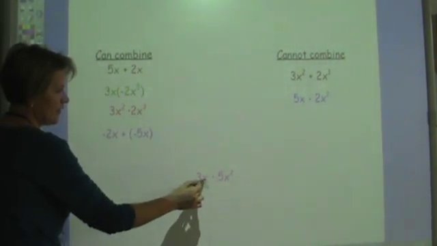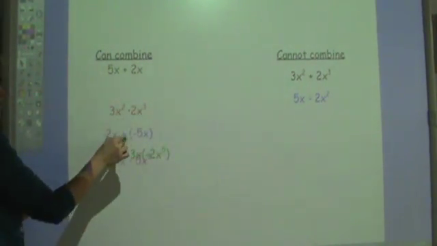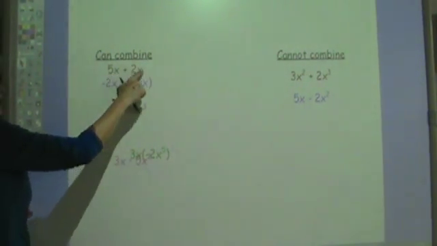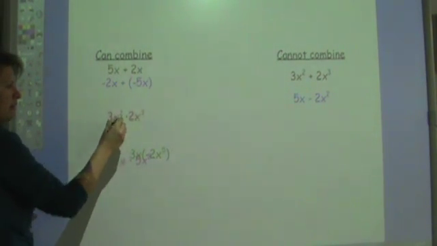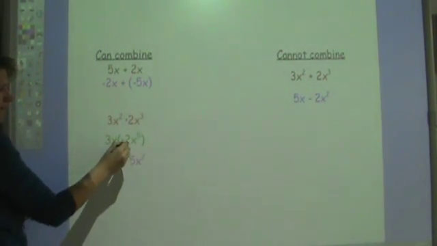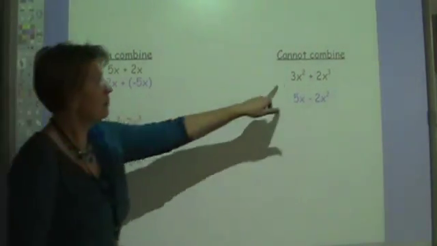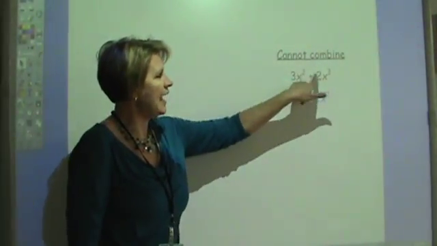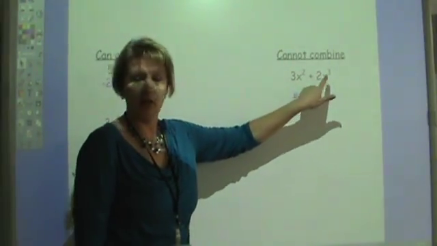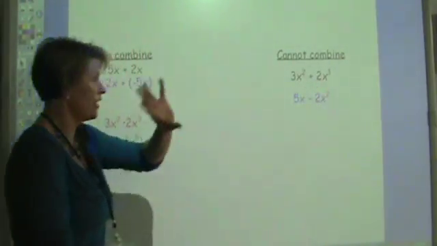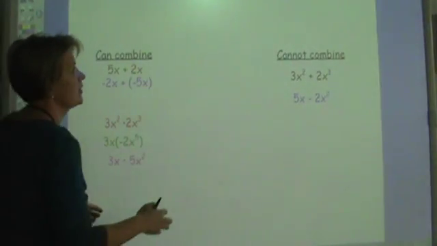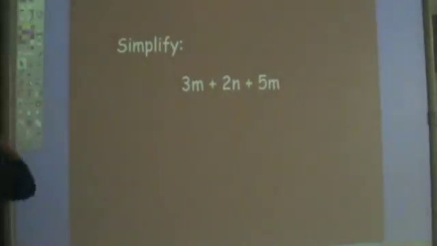And 3x times 5x squared, yes. So, you're adding and subtracting, they have to be like terms. But for multiplying, they don't. We can just multiply those out. But these, because they were adding and subtracting, they have to have the same exponent. They have to have the same variables. Everything has to match there except the coefficients, of course, to be able to add and subtract them.